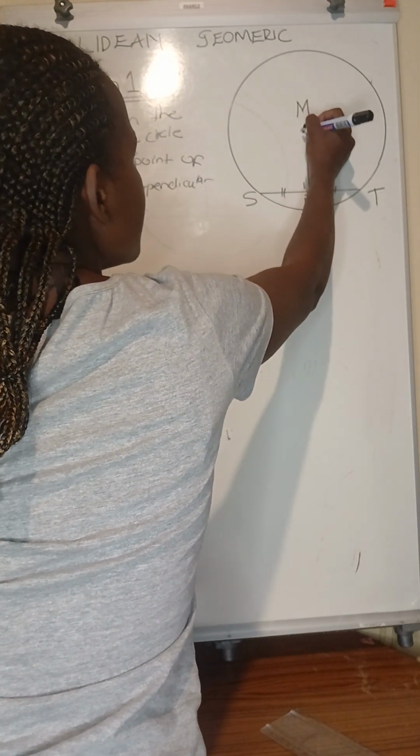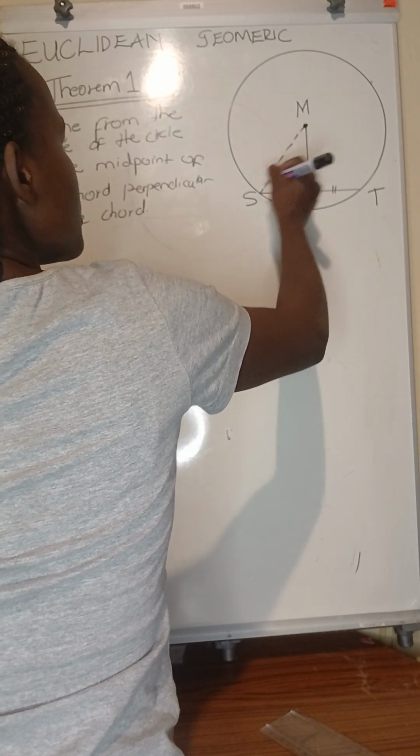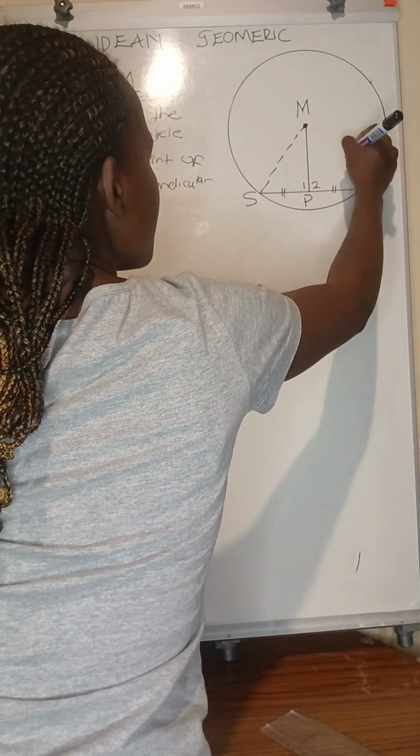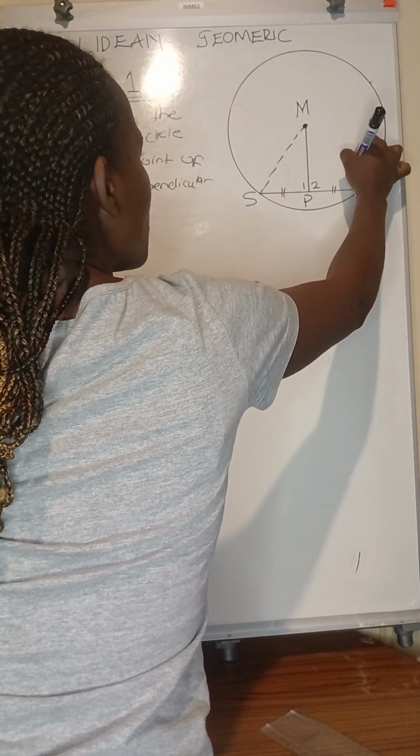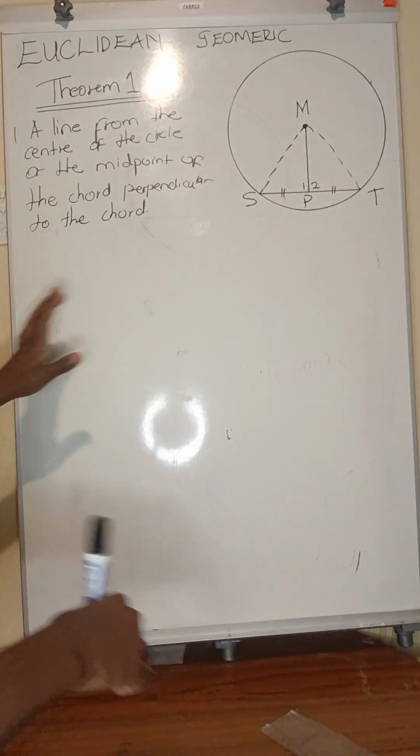You're going to join MS in order to have a triangle, because you cannot prove this without making those triangles.